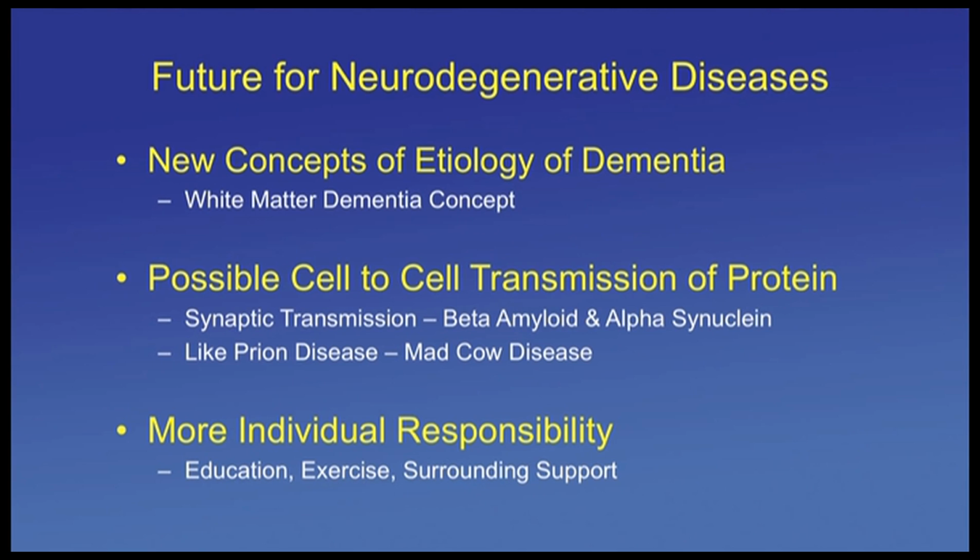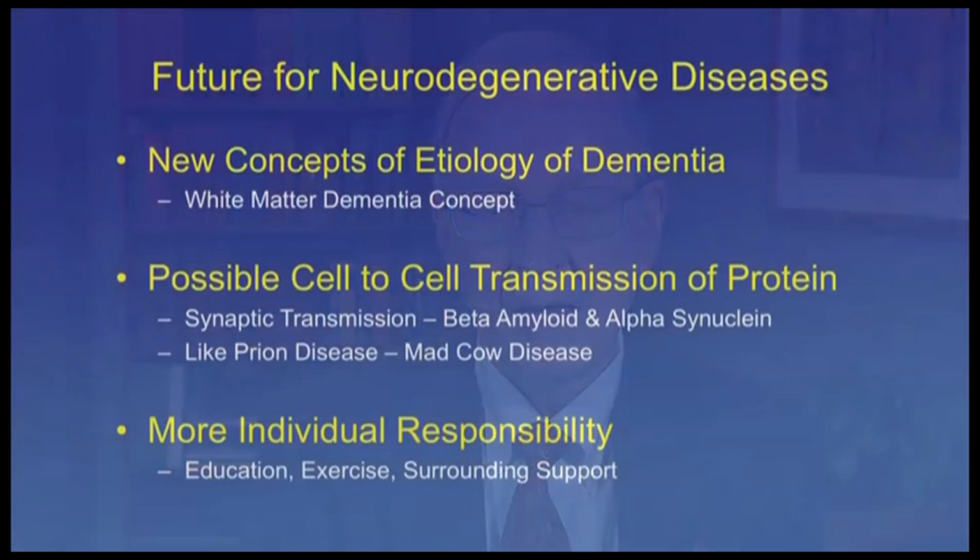And there's been evidence through several doctors that have shown there's a possibility of proteins such as maybe beta amyloid and alpha-synuclein can be transmitted from, say, a presynaptic neuron to a postsynaptic neuron, called synaptic transmission, like we showed you. If that's the case, then this disease may have some kind of neurotransmission basis, and it would make it difficult to help the disease with things such as stem cells.